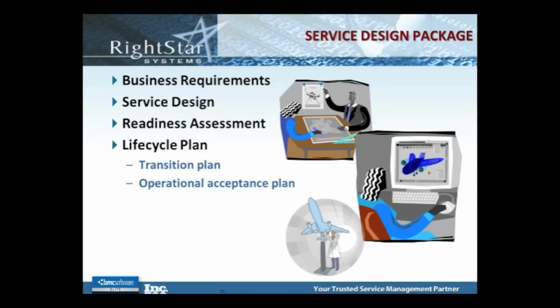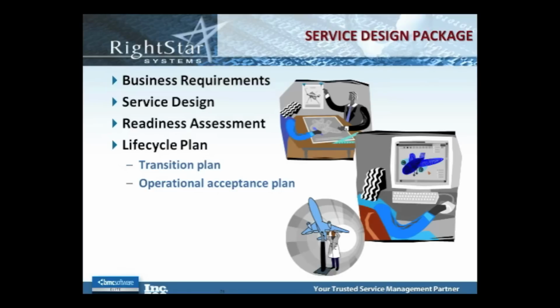The output, as I mentioned before, of the service design phase should be the service design package, which will then be handed off for implementation through service transition. The service design package has several components. It should have gathered the business requirements from the service strategy phase. It incorporates that with the service design itself, along with the readiness assessment and a lifecycle plan.